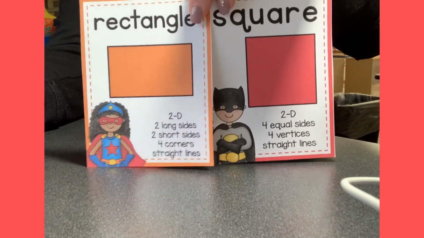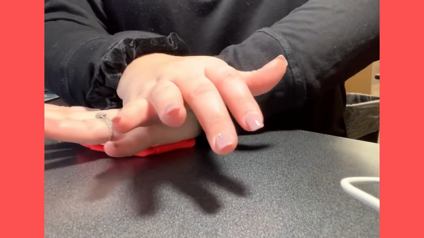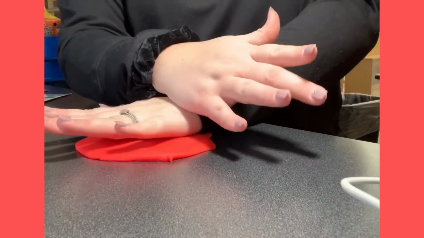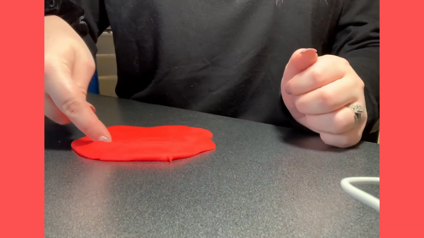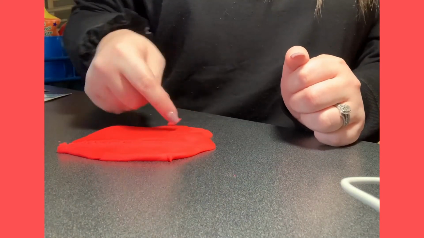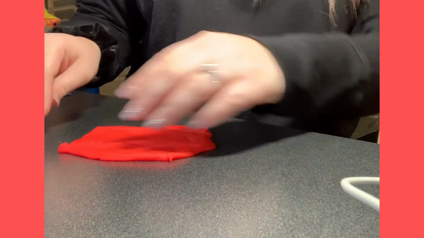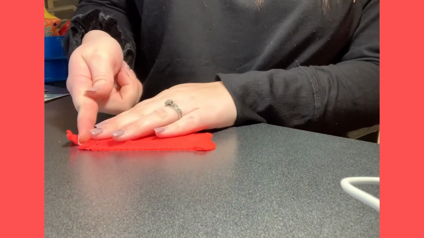So we're going to try to make a rectangle. We're just going to flatten our Play-Doh out again. Now I'm going to use my fingers, and I'm going to make a big line this way, and a big line this way. Then I'm going to make a line down.